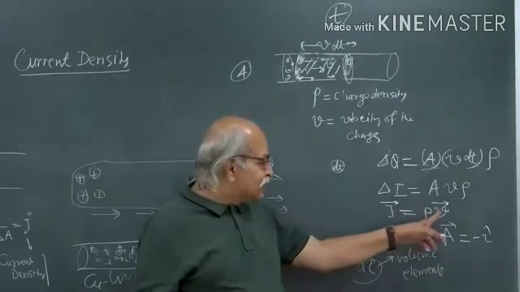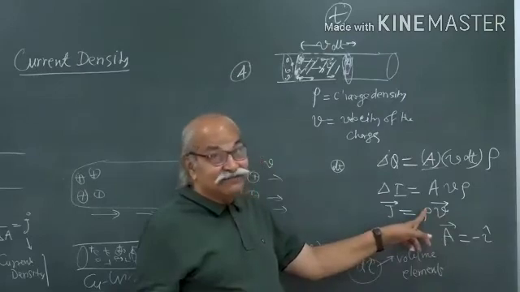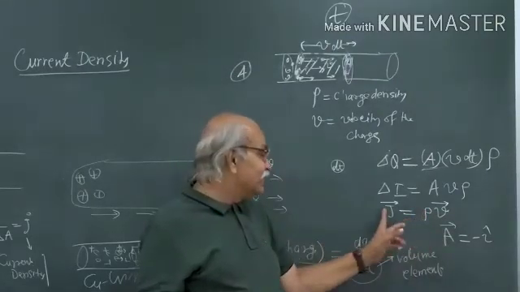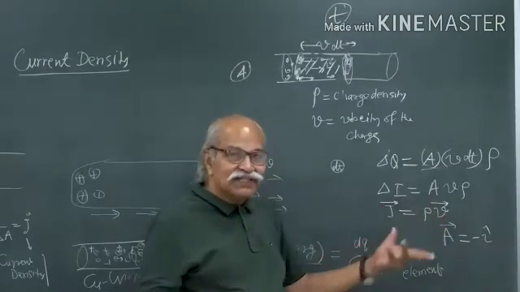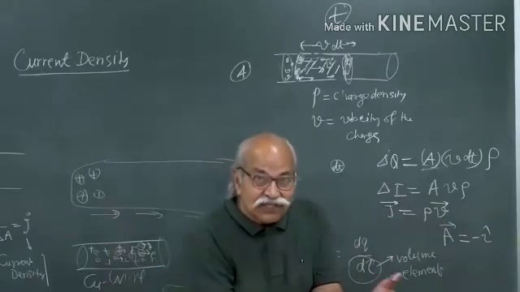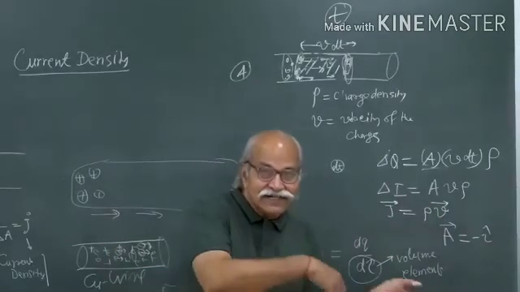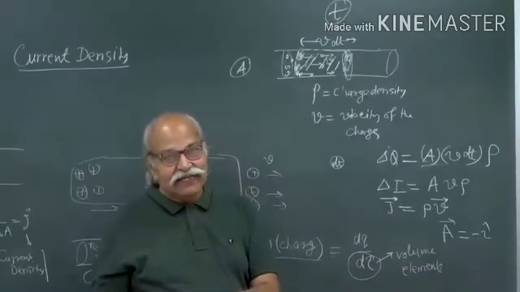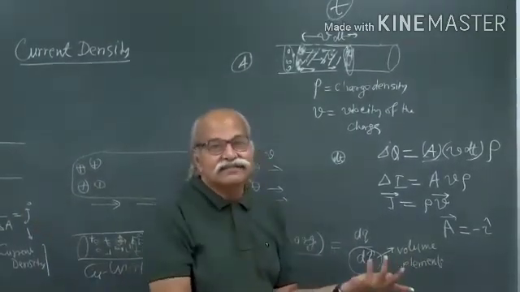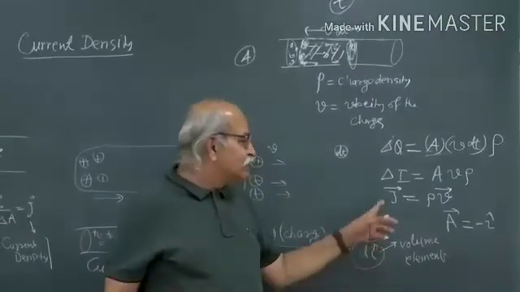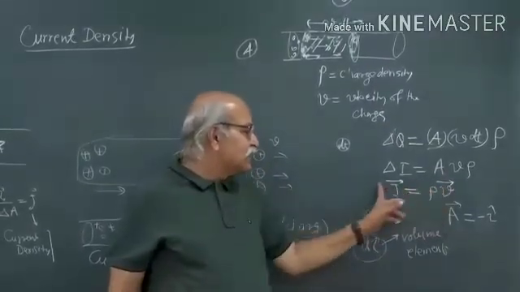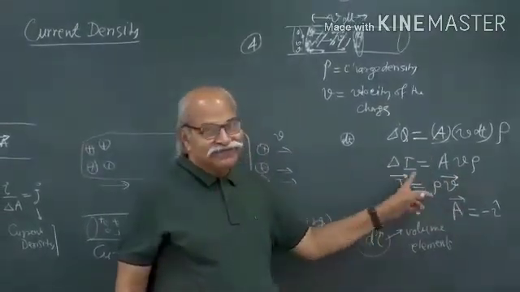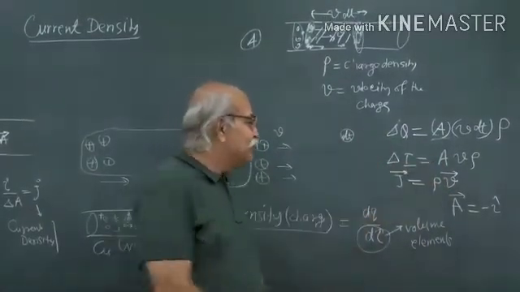But if this rho is negative, then this J is opposite to the direction of the velocity. So if it has electrons, then the current density and hence the current will be in the opposite direction. And if it is positive ions or positive charge, then they will be in the same direction. This equation is valid for both of them, right? So keep this in mind.